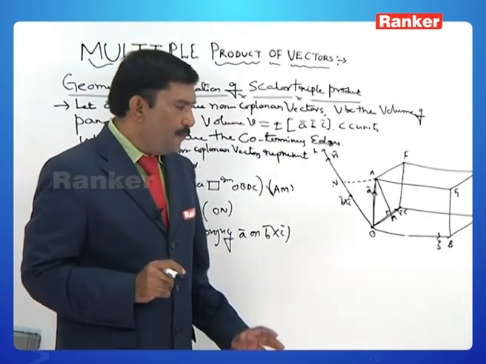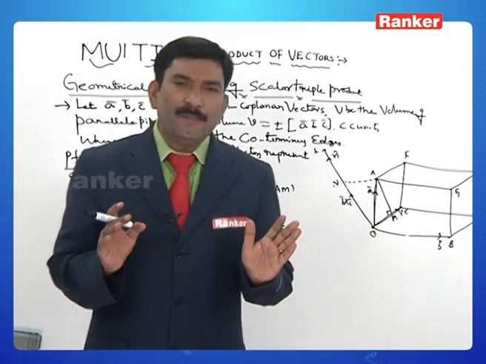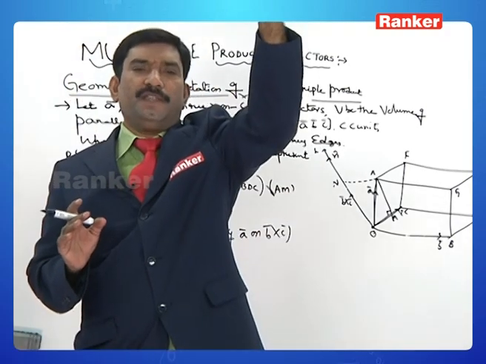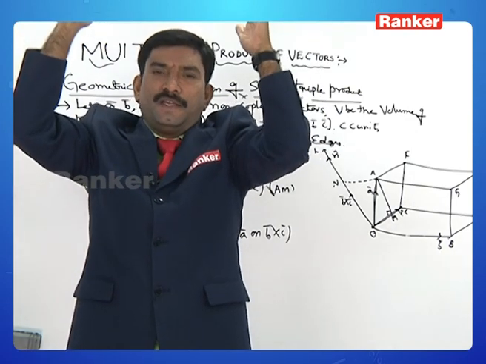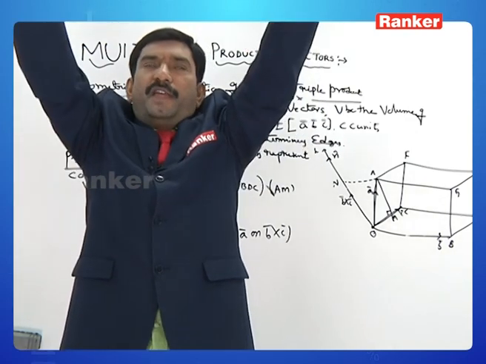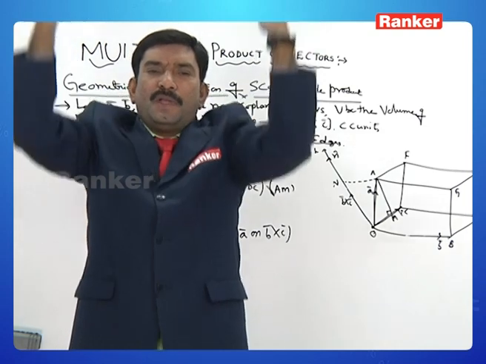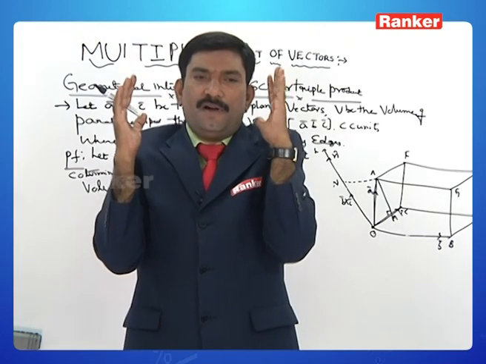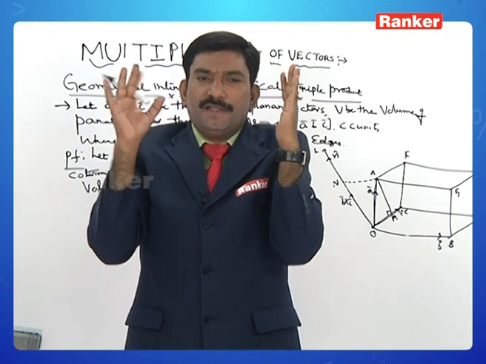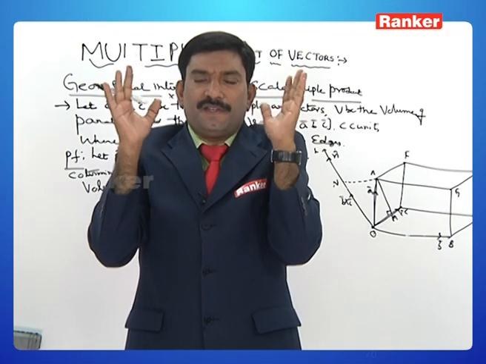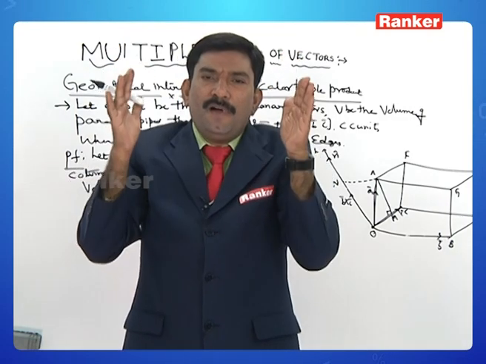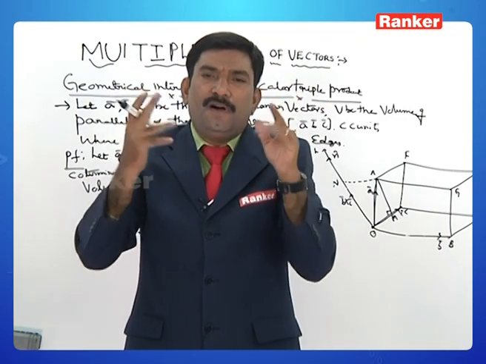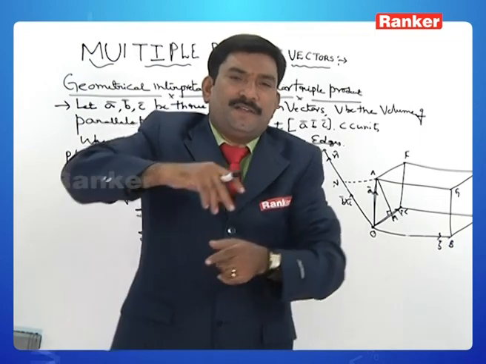So now, when the terminal point of A bar and the terminal point of B cross C are on the same side, then A bar, B bar, C bar are in right-handed system.